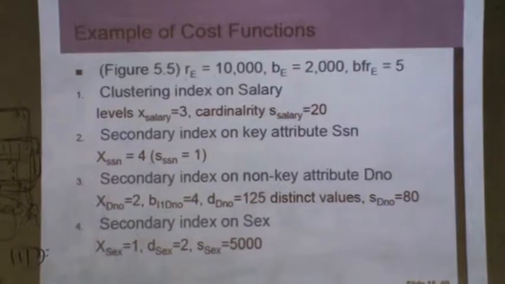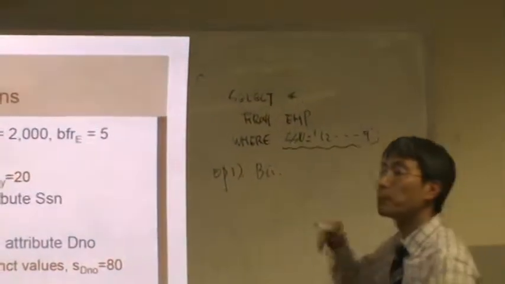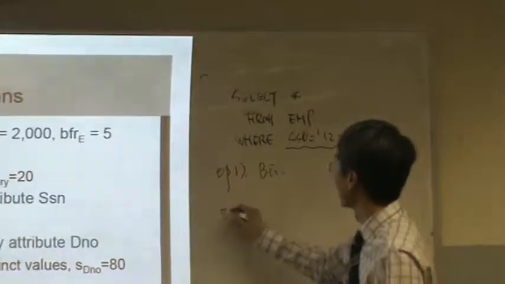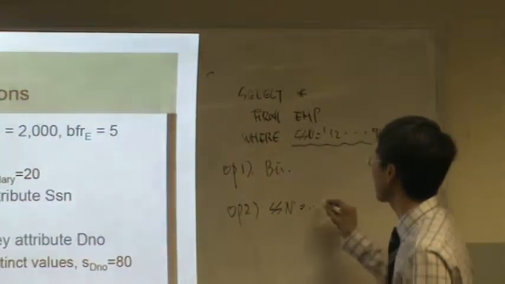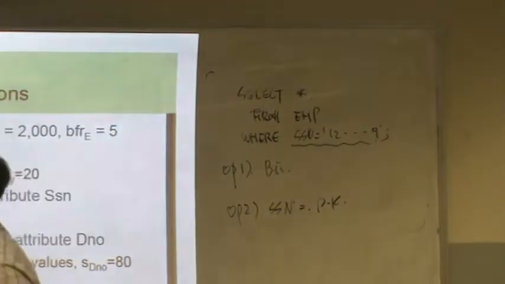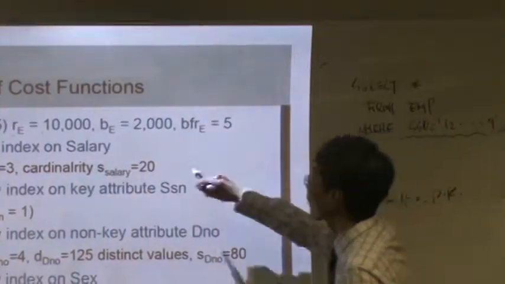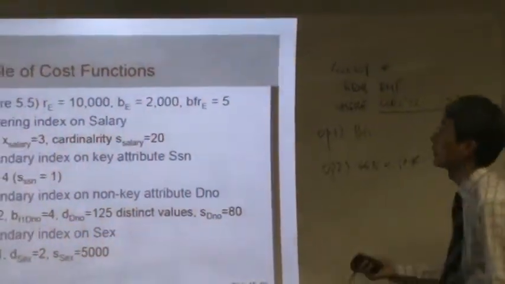But SSN is used in your query, which means there may be a chance of using SSN. This SSN is a primary key. So that means we can consider this option.